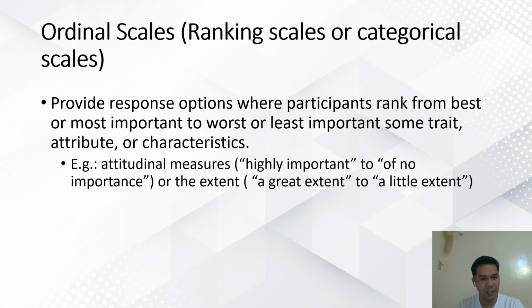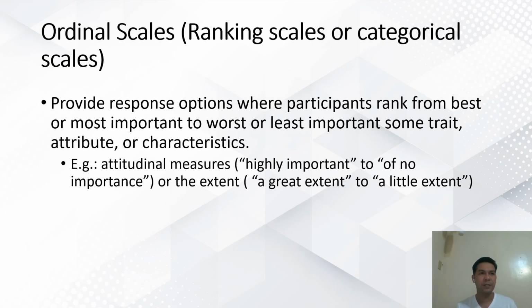Of course, as ordinal scales provide response options where participants rank from best or most important to worst or least important some trait, attribute, or characteristic. So, halimbawa nito ay mga attitudinal measures like highly important to of no importance or the extent like a great extent to a little extent. So, what makes it different from the Likert scale?